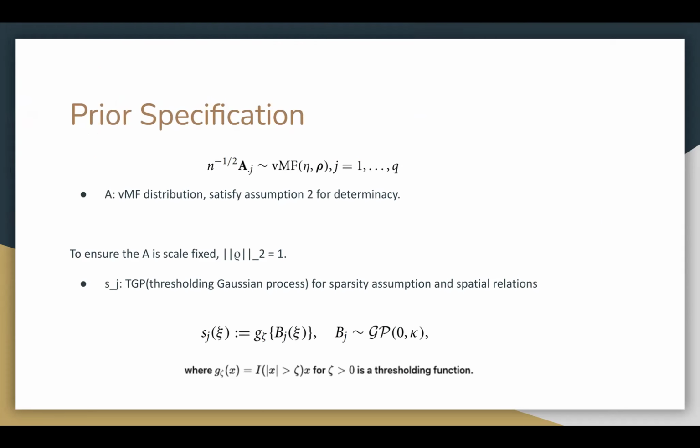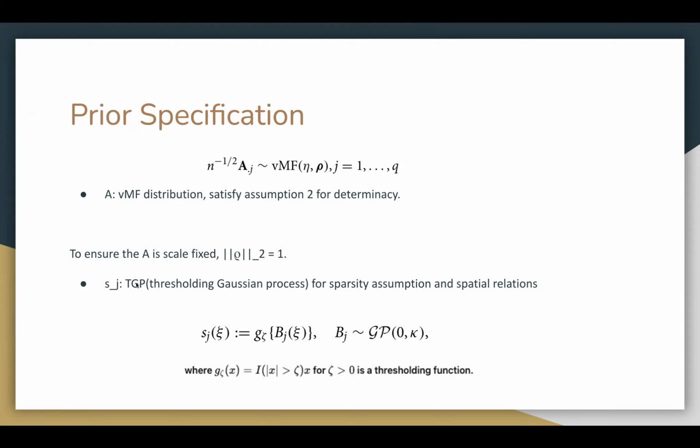And then how about their prior specification? First, as I mentioned, for the mixing matrix, they have this constrained norm of each of the columns to be square root of n, which matches very well with the Bingham spatial distribution, which is defined on a hyper unit sphere. So the prior of the mixing matrix will be defined on this distribution.